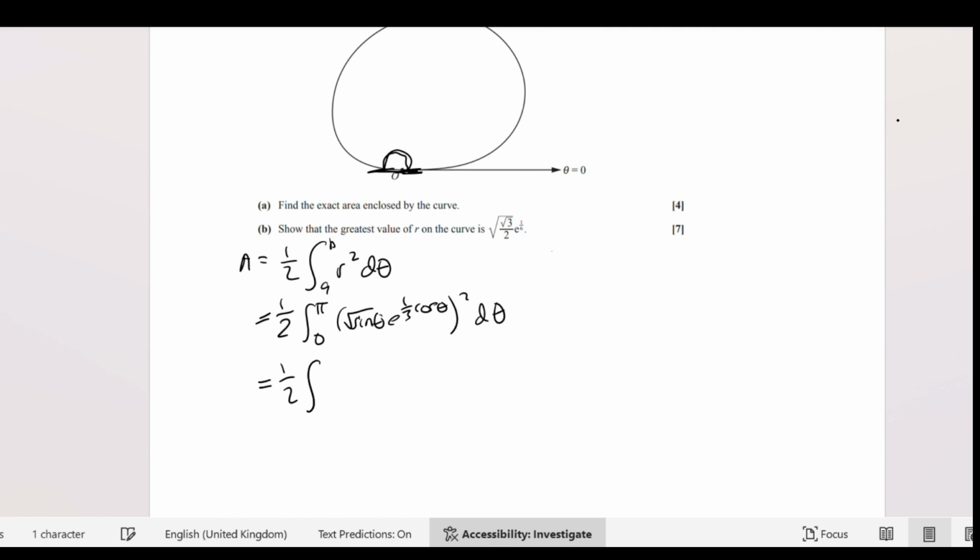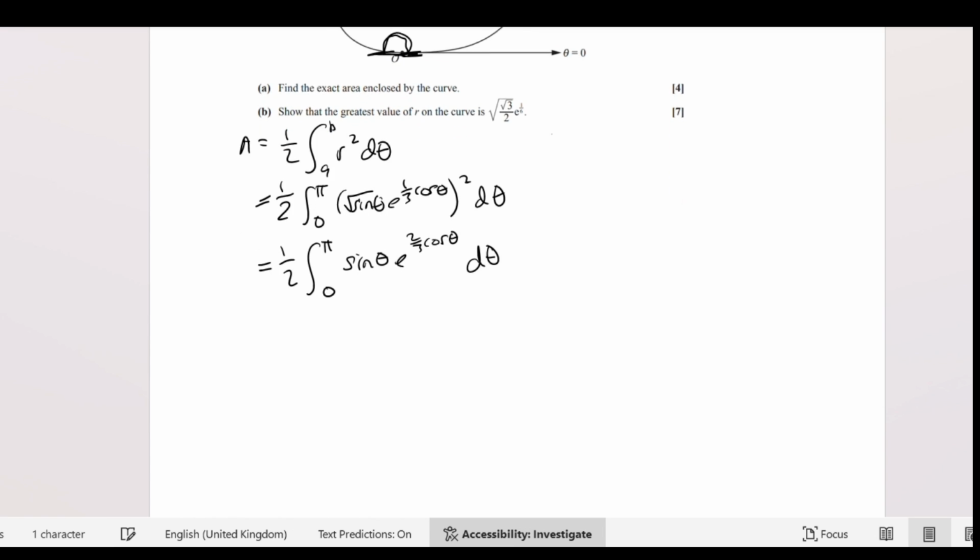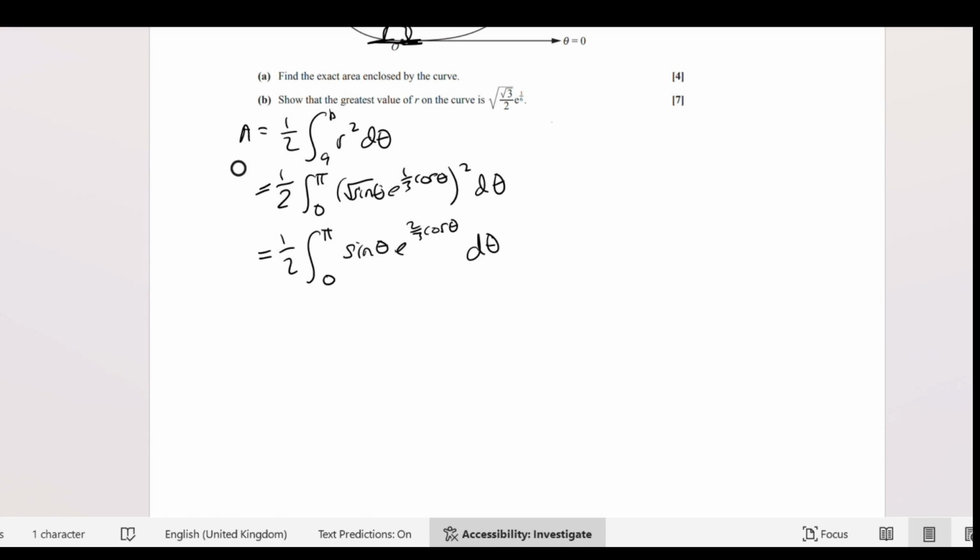That gives us half the integral between pi and 0 of, sine theta to the power of 2 is just sine theta, and e to the third cos theta to the power of 2 is just e to the 2/3 cos theta, and we integrate this with respect to theta. That's a pretty simple expansion.